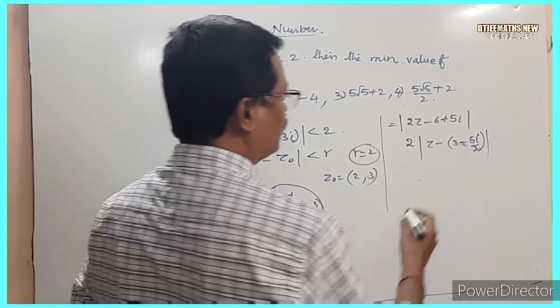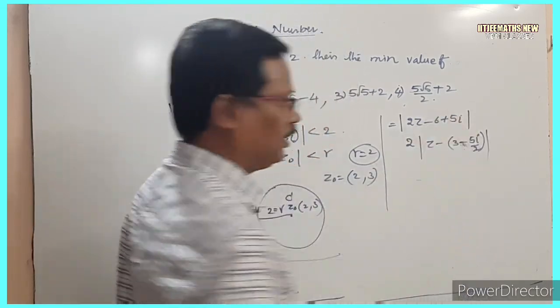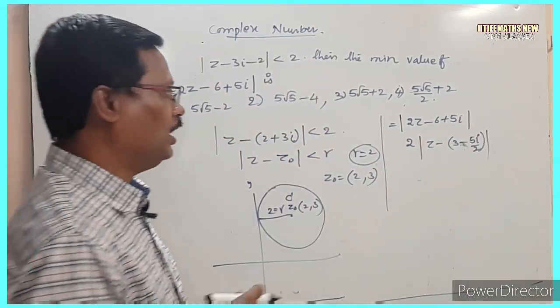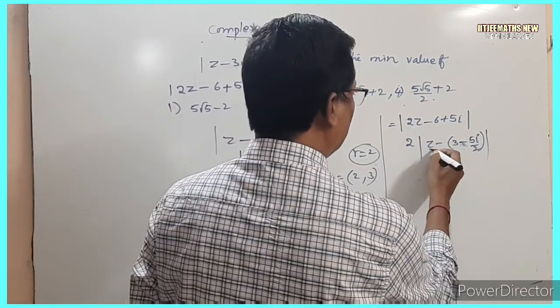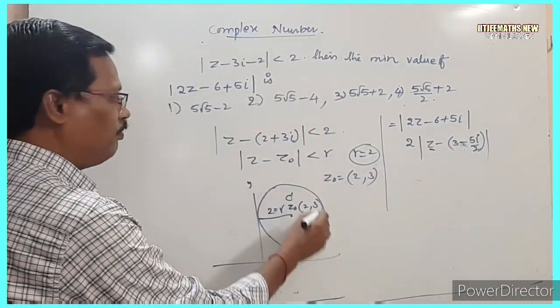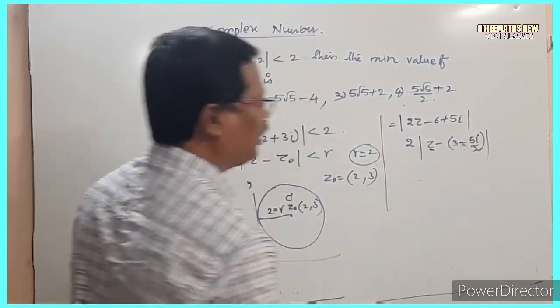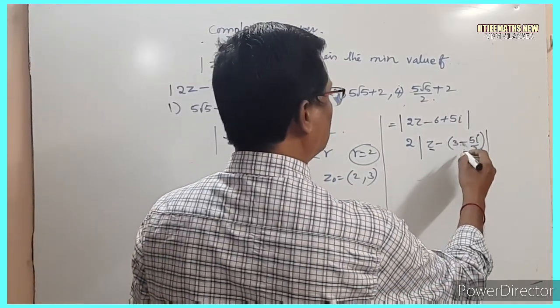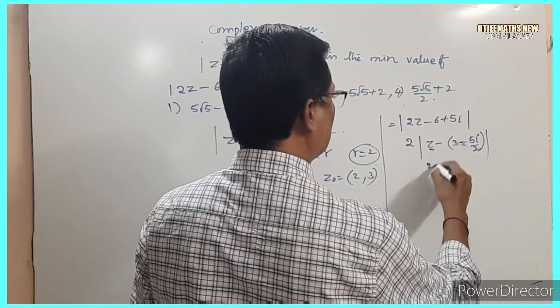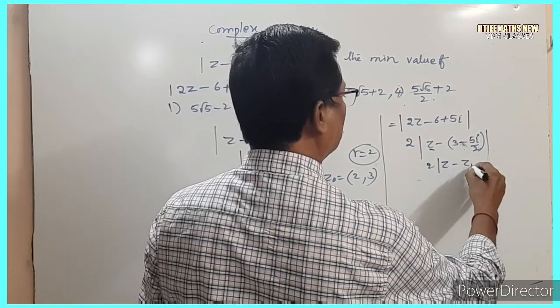Now, let us locate this point. Z is where? That is, z is any point in the interior of the circle. Then what about this point (3, 5 by 2)? Now I am taking 2 times of z minus z1.